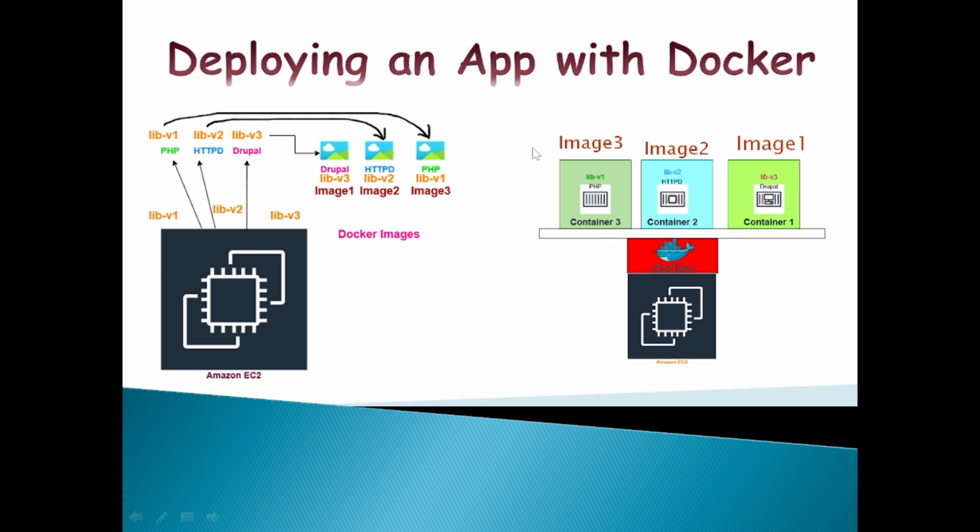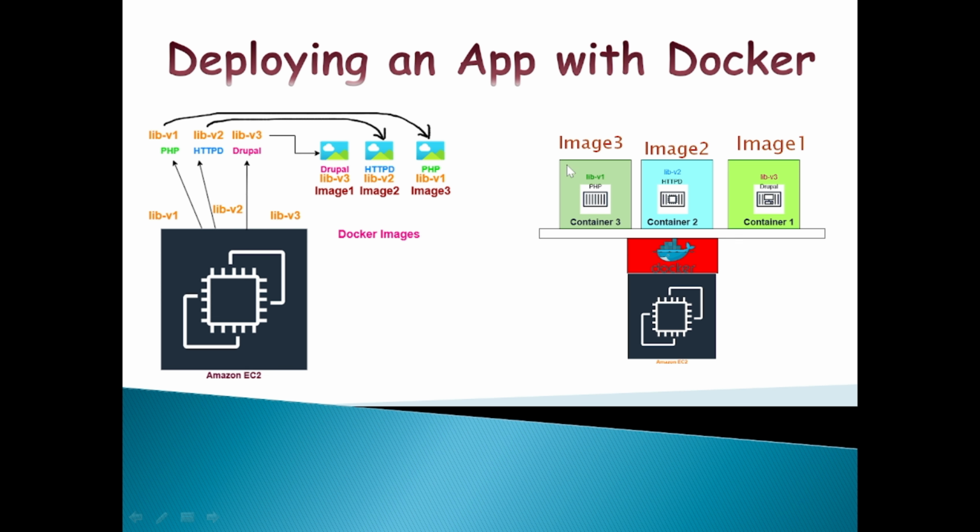Now, the main advantage of doing this is, in case we have to update this particular package, for example, this is PHP v1, and now we have to install PHP v2 and update its dependencies from library v1 to library v2, we can do so inside this container only.